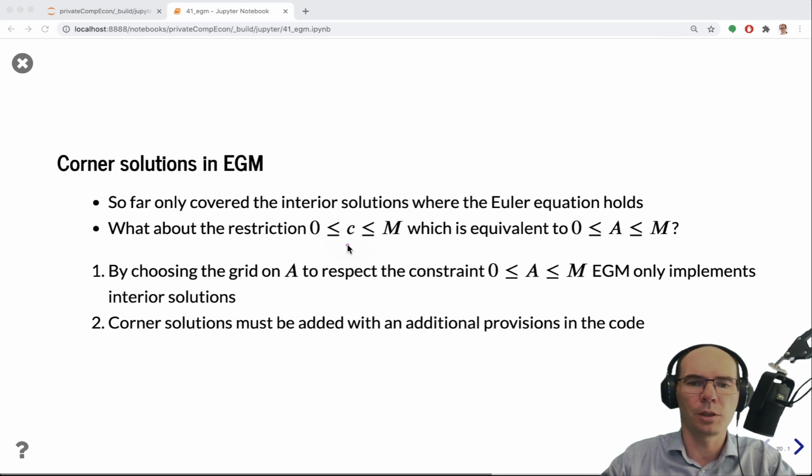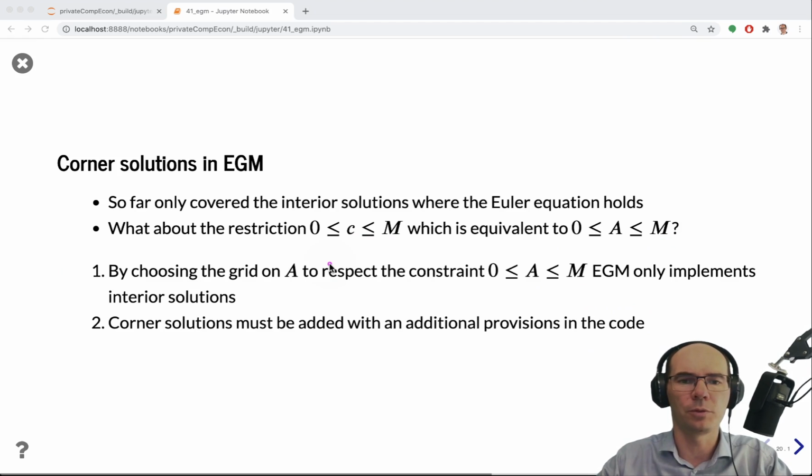Well, because we can translate this restriction into a restriction on A, we can account for these constraints by choosing the appropriate grid over A. So if we don't go above m in savings, that means that we are respecting the restriction that C is above 0. And if we don't go below 0 in A, that means that we are respecting the constraint that C must be below m. Okay? So it's easy to only implement interior solutions with the EGM method. We just have to choose the grid over A appropriately.